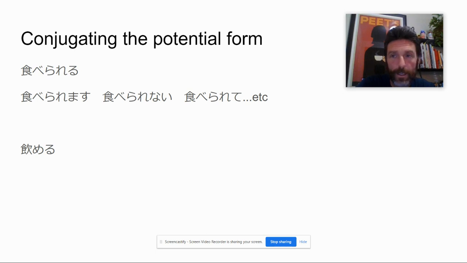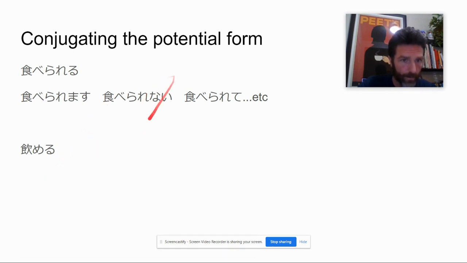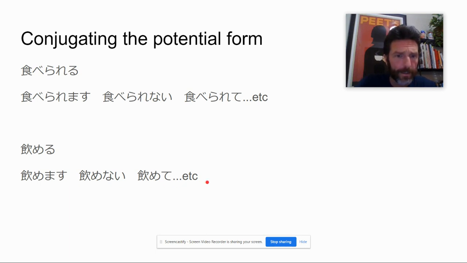Nomeru, can drink. If it follows all of the normal ru conventions, we get rid of ru: nomemasu, nomenai, nomete.